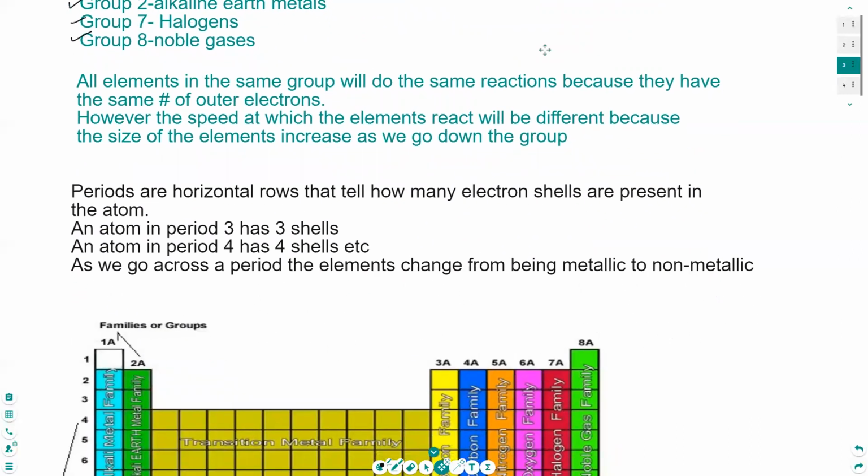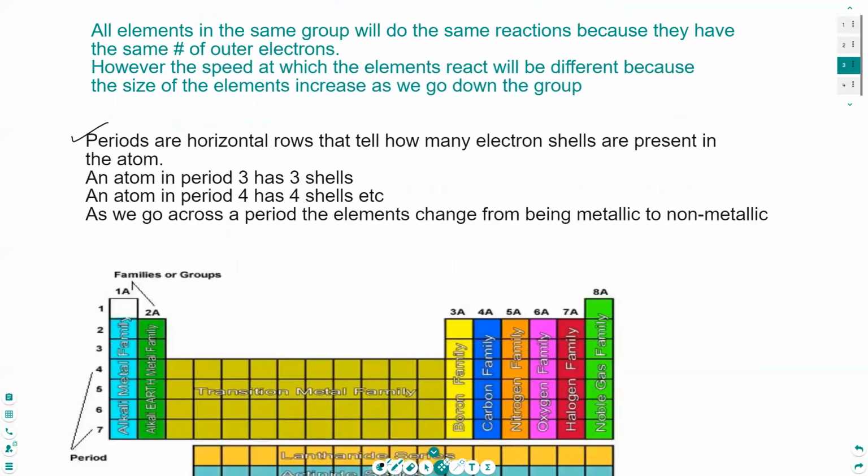So again, here we have that the periods are the horizontal rows that tell how many electron shells are present in the atom. An atom in period 3 has 3 shells. An atom in period 4 has 4 shells. And as we go across the period, we will notice that the elements change from being metallic to being non-metallic.